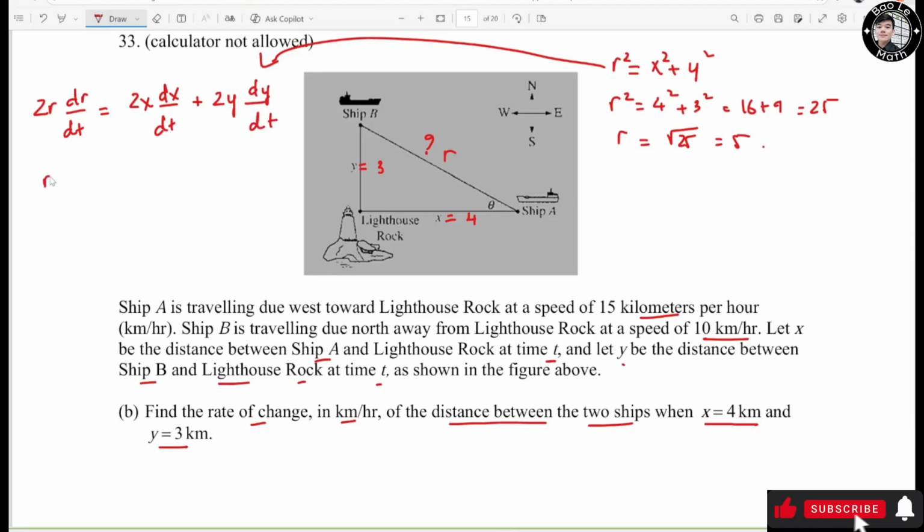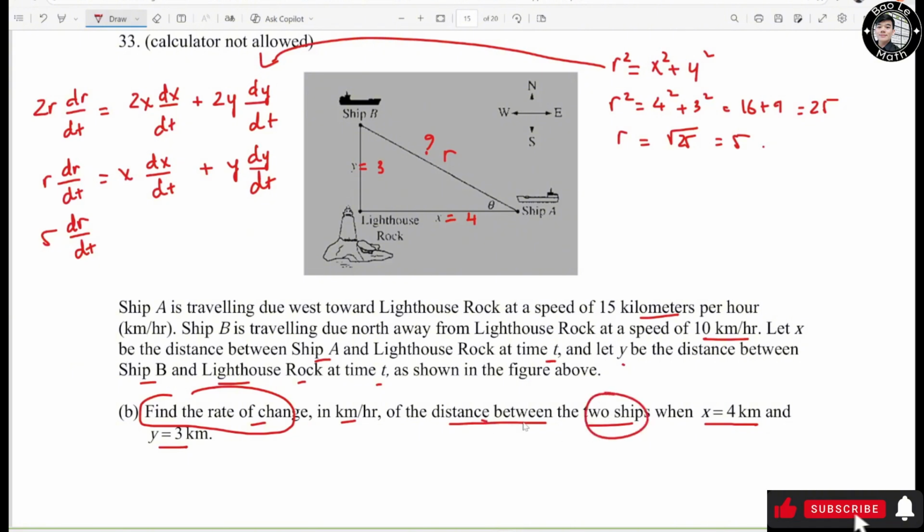So I have r times dr over dt equals s ds over dt plus y dy over dt, right? Now r equals 5, so I put 5 right here, right? dr over dt, this is what I need to find, because the question wants us to find the rate of change of the distance between the two ships, right? So the distance between the two ships is going to be r, right?